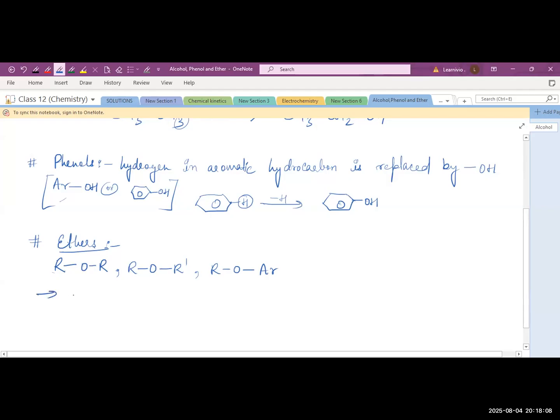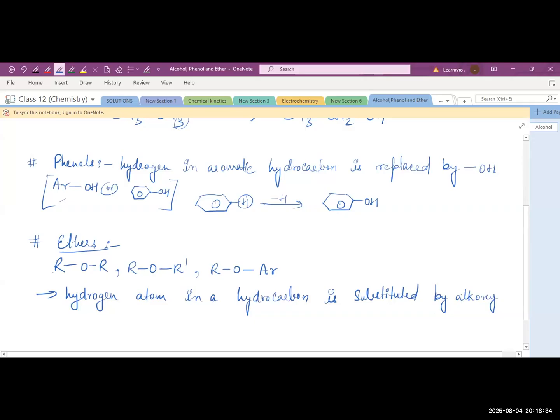So first write down the definition: a hydrogen atom in a hydrocarbon is substituted by an alkoxy, meaning an OR group.